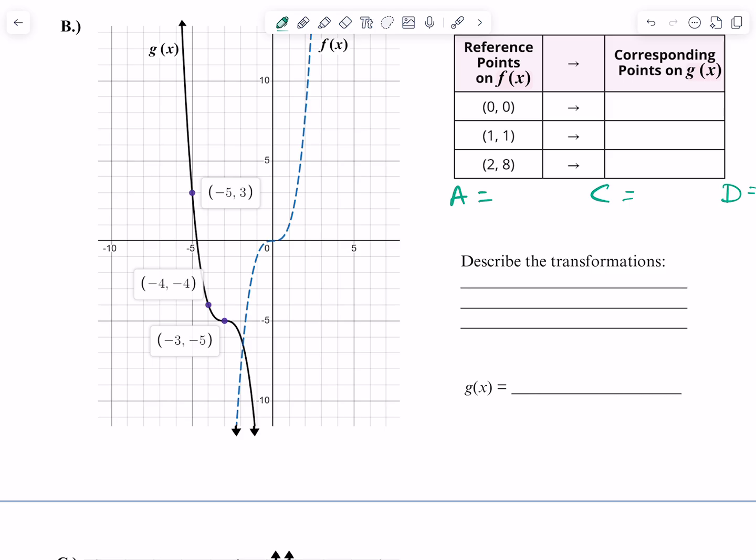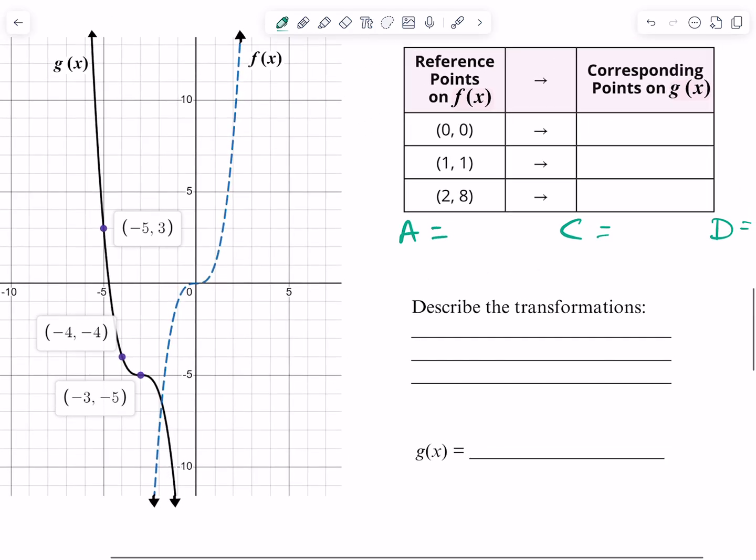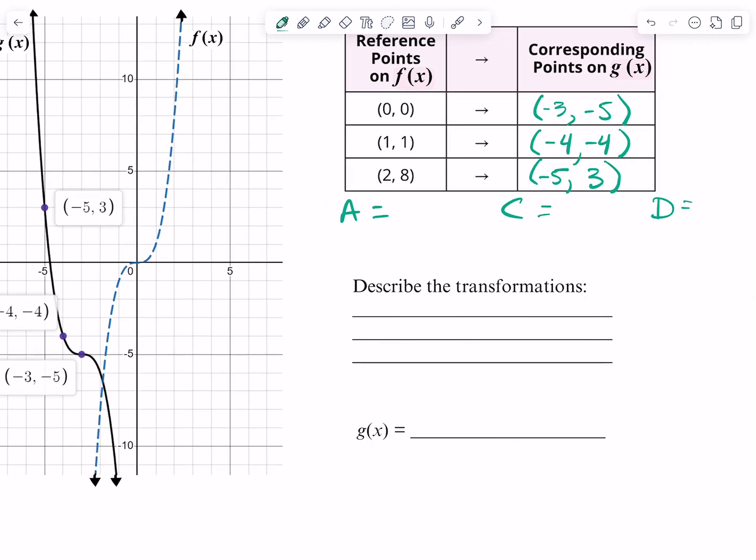It does flip, so you must put a negative somewhere. Yeah, and then the negative inside the parentheses. That's right, and that's what B is. Maybe look at your A value.